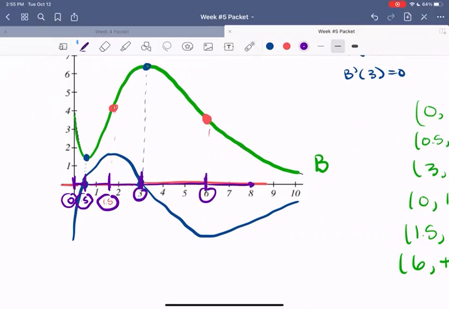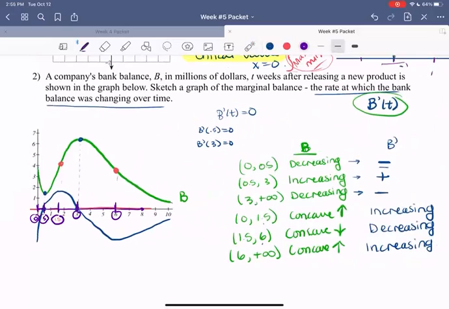We did that by looking at whether our original function was decreasing or increasing, and whether it was concave up or down. All right, great work, everyone.